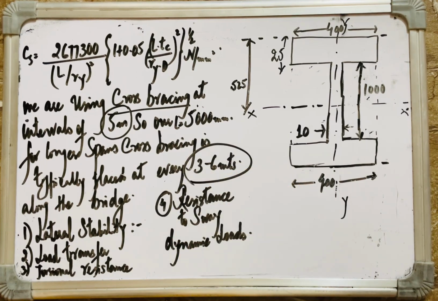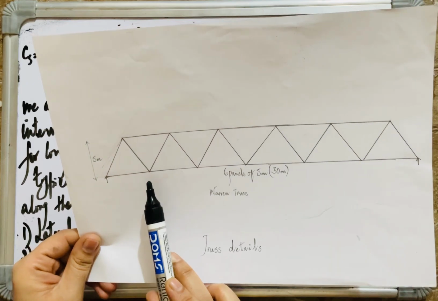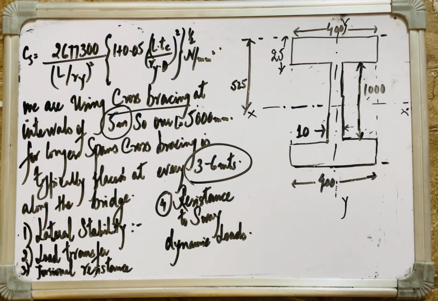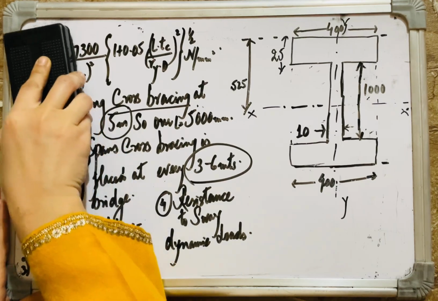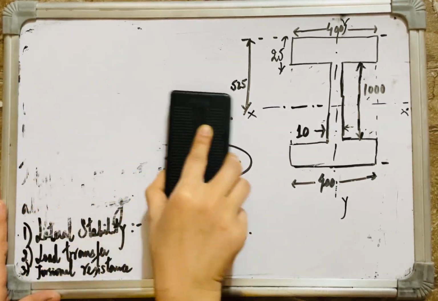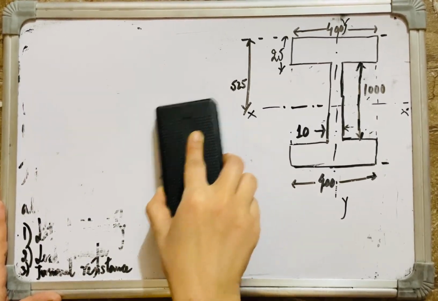Since we have a Warren truss bridge with 6 panels of 5 meters each, we'll place our cross bracings at every panel point, that is after every 5 meters. That makes the effective length of my compression flange 5 meters or 5000 mm. Now I'll be calculating my elastic critical stress.